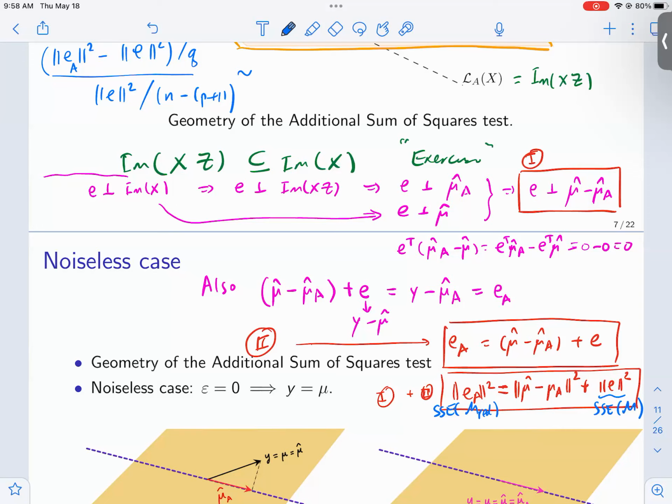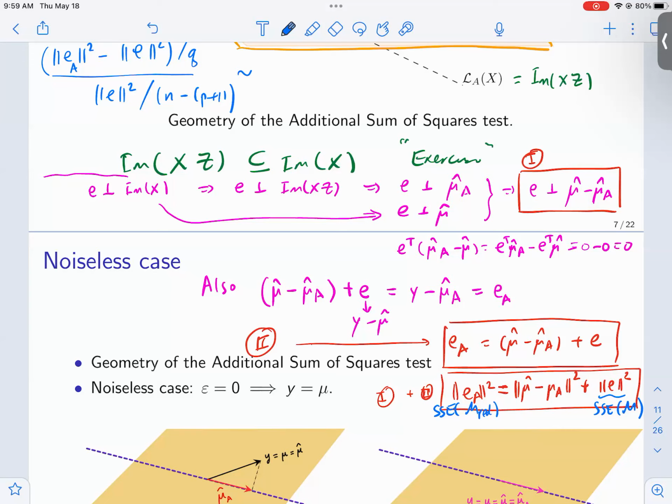So it shows that the SSE of the reduced model is always bigger. And exactly how much bigger is the squared norm of mu hat minus mu hat A. So the difference which we want, which turns out to be independent of SSE of M, is exactly this quantity. Sometimes your book writes it like that. I usually write it as the difference of the SSEs. But in any case, this difference is what matters to us.